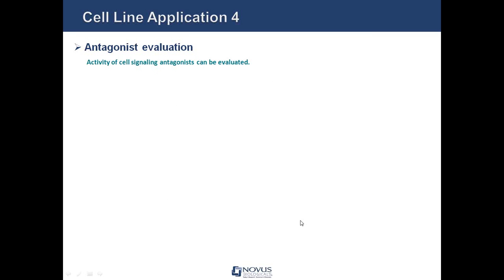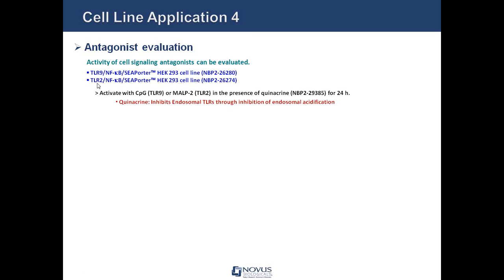If you have an antagonist to evaluate, you can also use our LUCPorter cell lines. For example, if you have a TLR9-specific inhibitor, like an endosomal TLR9 inhibitor, you can compare it with TLR2, which is a surface TLR.